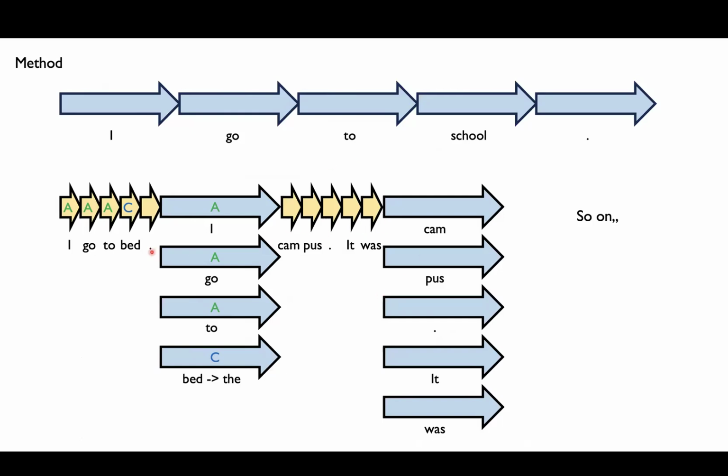In this case, we obtain the draft output. And then by running large model in a batch mode, actually we can verify each output and we accept the output until they are correct.